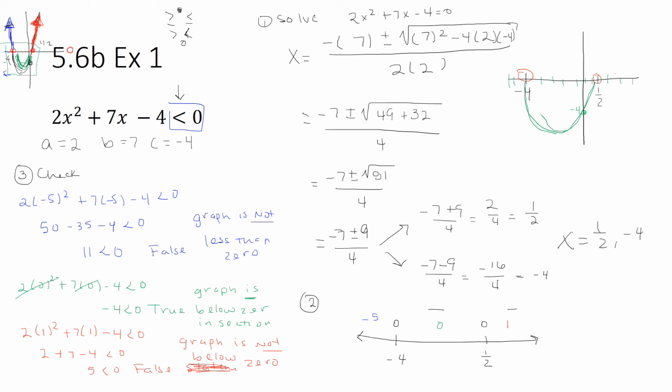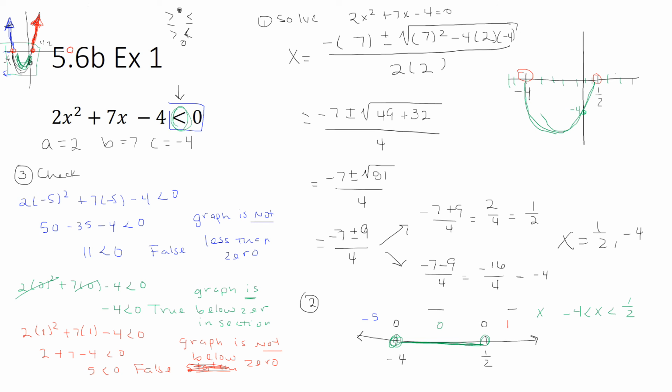So the values for x that give us the graph below 0 are all the numbers in between -4 and 1/2, not including those numbers. So if you write that as an inequality, we're talking about the values of x that are less than 1/2, but greater than -4. Okay, remember, they're open circles. The inequality is just less than, so these are also less than.